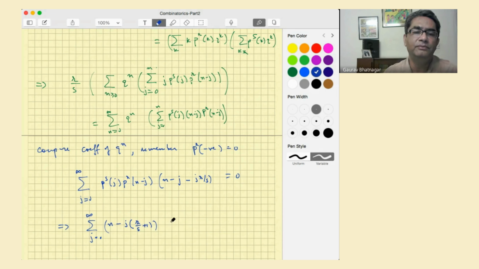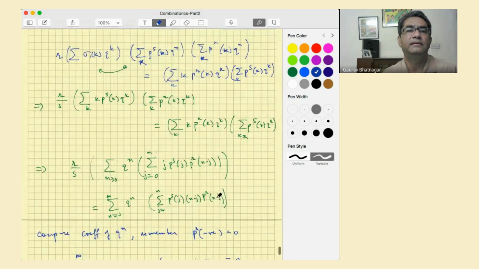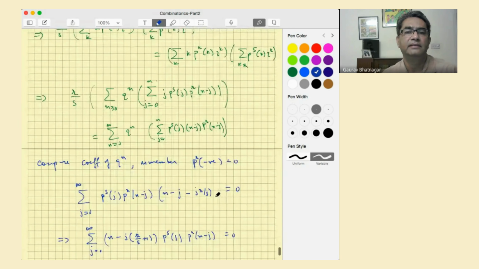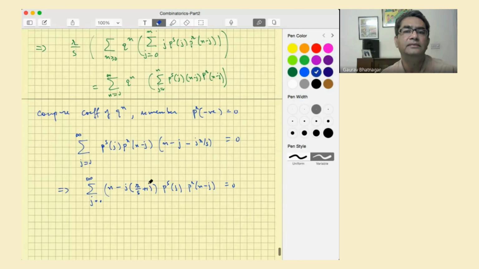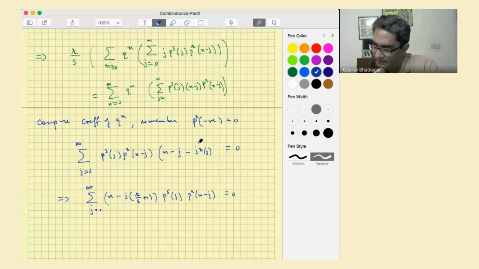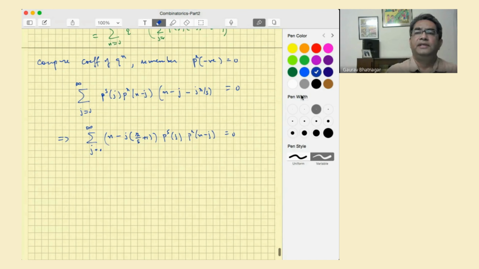I should be getting... In my notes, I'm getting 1 minus rs over here. Well, maybe I made a mistake. We'll figure out if this is a mistake, but so far we are getting this.